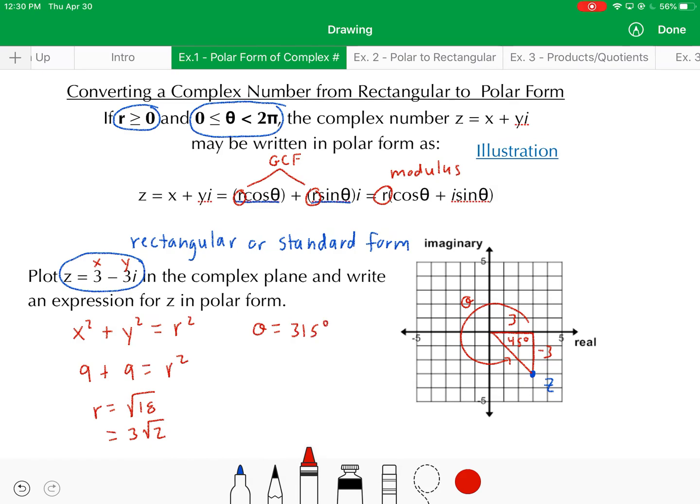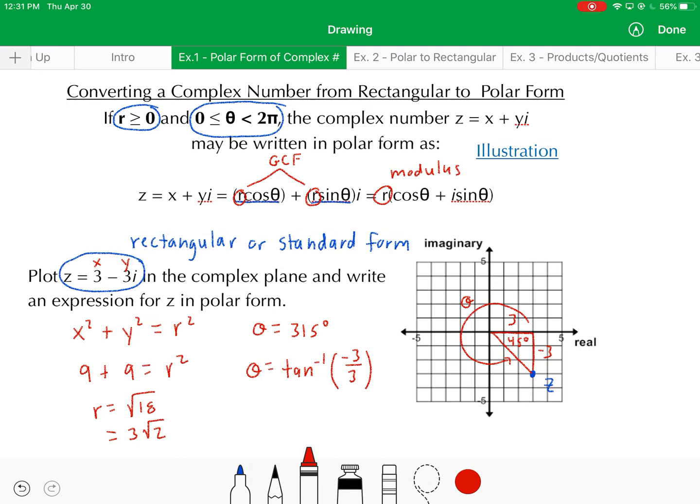Now, let's say you didn't make that observation, then to do this by hand, you could also find theta by using the inverse tangent function. You could just take inverse tangent of your y divided by your x. But understand sometimes that's not enough.